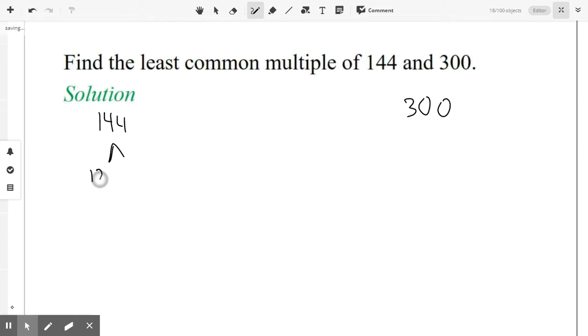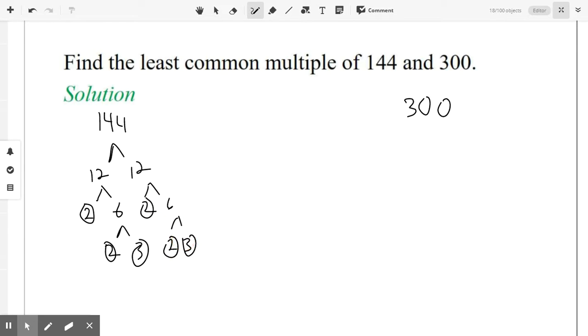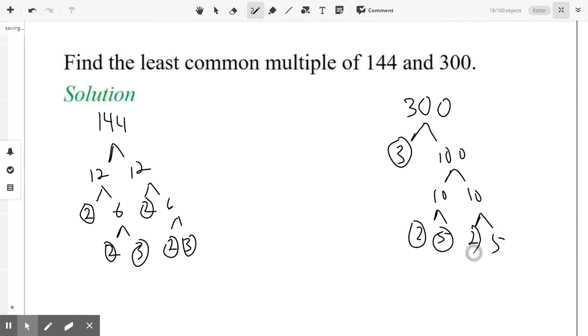So 144 is 12 times 12, 2 times 6, 2 is prime, 2 times 3, prime and prime. 2 and 6, 2 times 3, prime, prime. 300 is 3 times 100. 100 is 10 times 10, 3 is prime. 2 times 5, both prime. 2 times 5, both prime. So the prime factorization of 144, there are 3 2's, 2 to the third, and 3 squared.